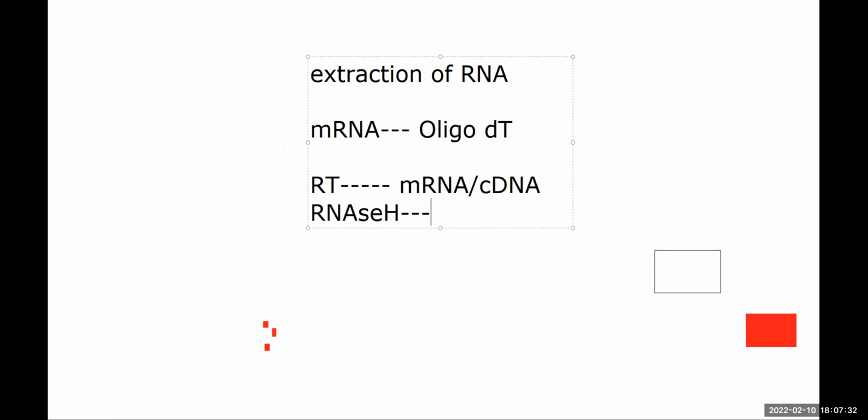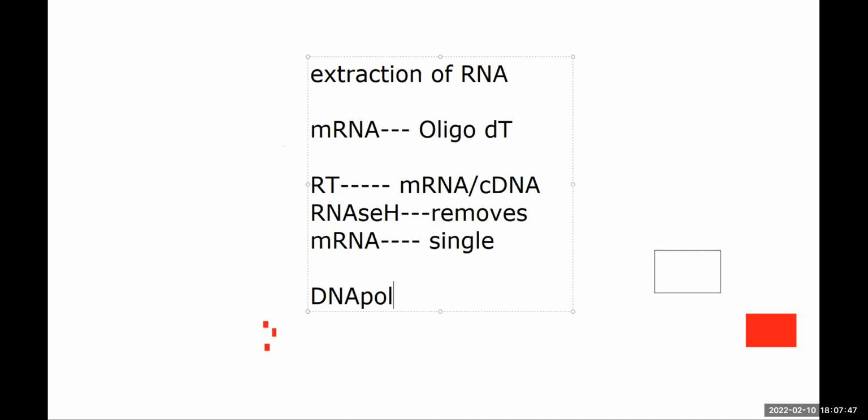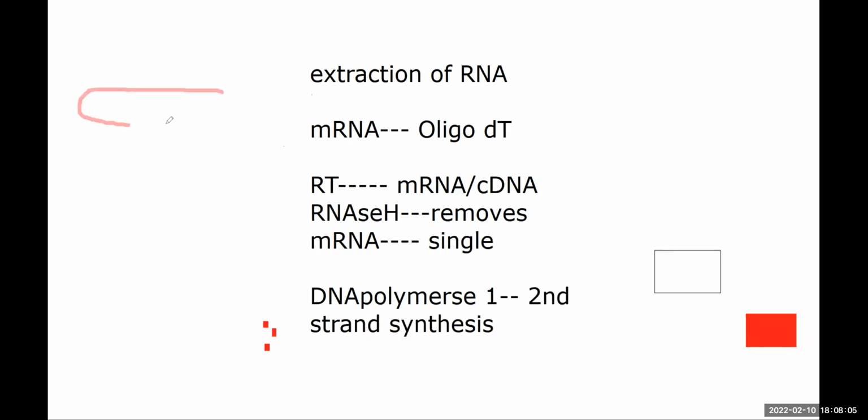It removes the mRNA. But when it removes the mRNA, the cDNA is single-stranded. Then you need the third enzyme, DNA polymerase 1, for the second strand synthesis. Then I told you that the strand that is formed is like this, so you need to break this loop.